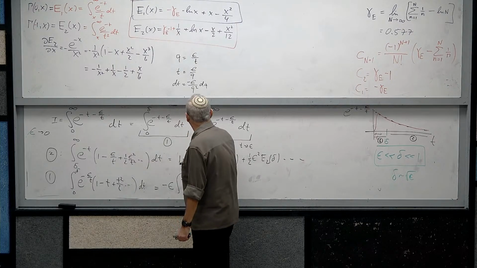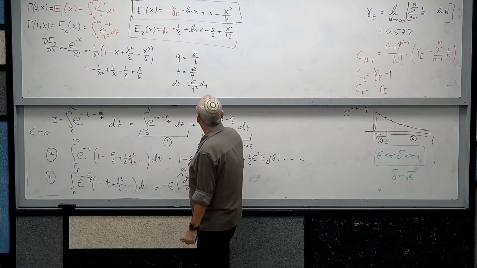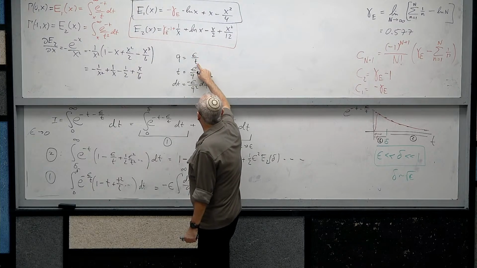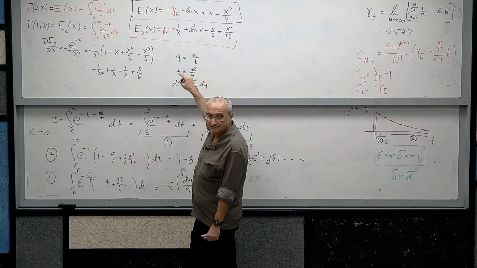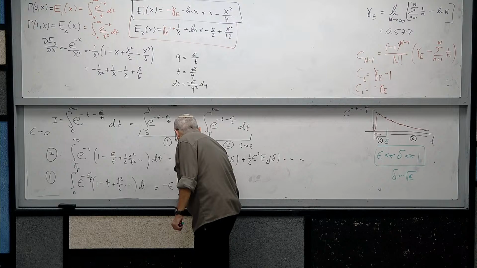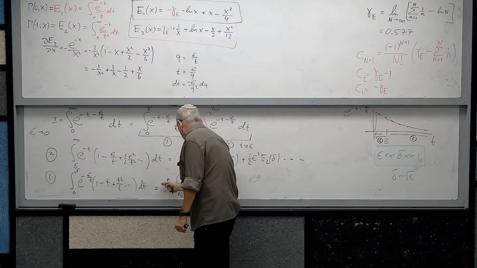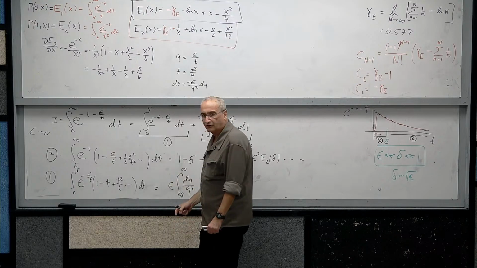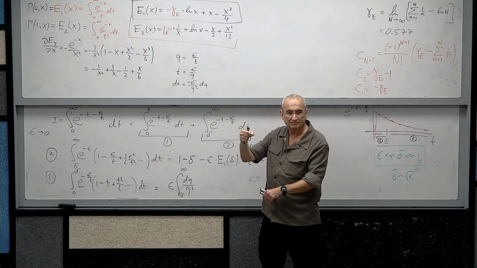Again, q is epsilon over t. Now if t is delta, then I have epsilon over delta. But the square root is actually a really good choice. And I can take this minus out because I exchange the boundaries.